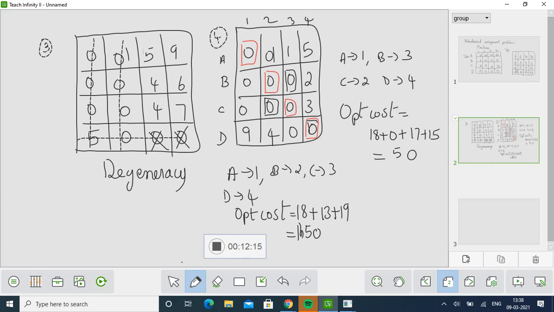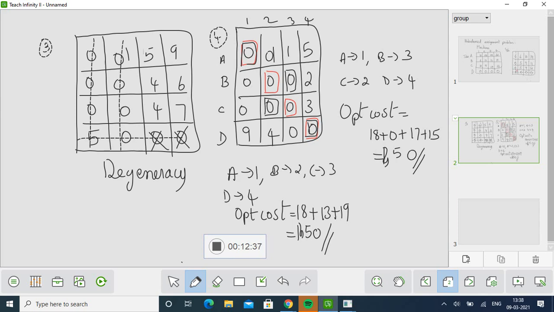This is also common for the black one, and these two you are choosing. You find that there is no change in the optimal cost. So you need not worry. If you can identify, you should identify all possible solutions, but the optimal cost will not change. It will be the same.